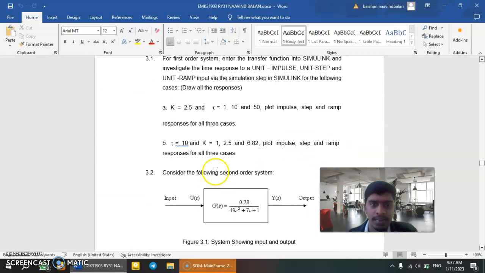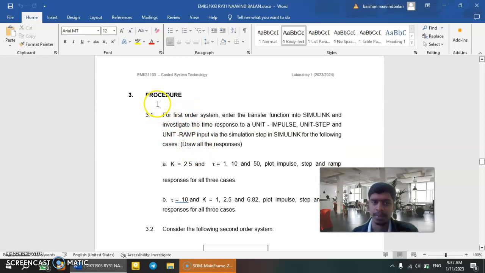For question 1, we just follow the procedure.